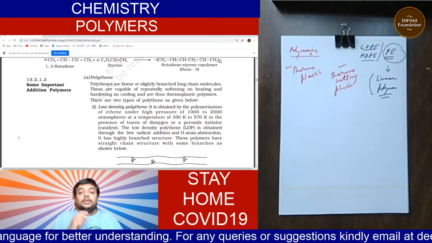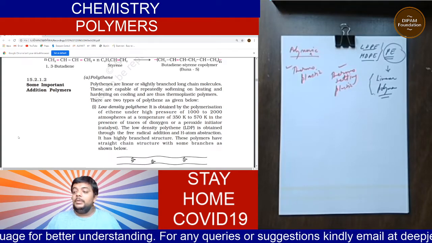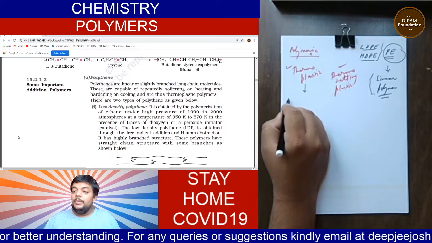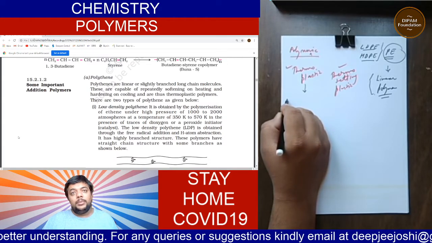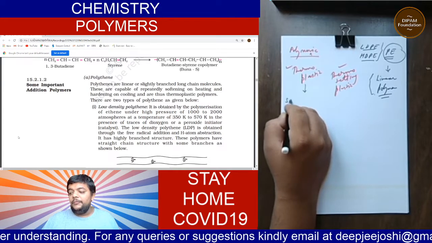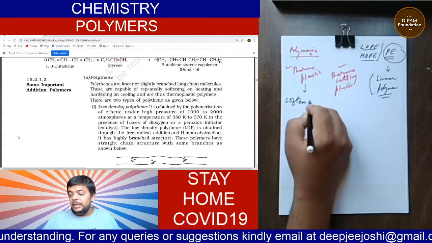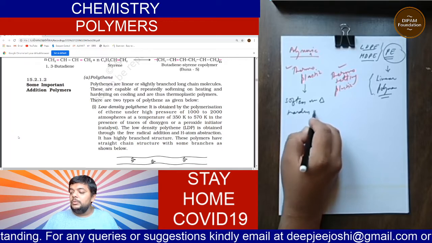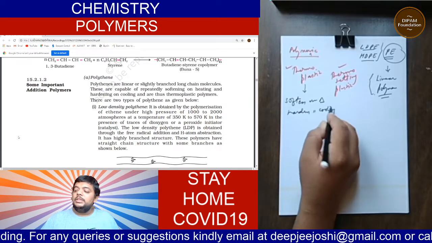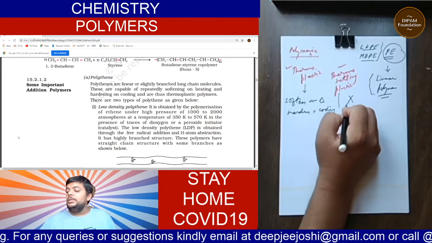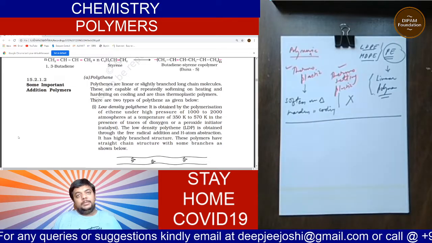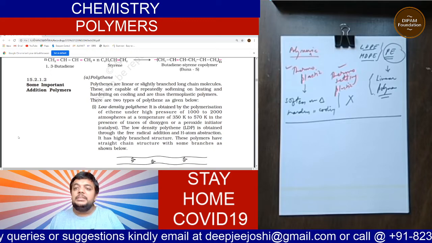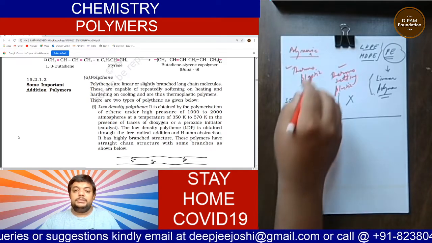Whenever I use the word thermoplastic polymer, these polymers change their property, that is they get softened on heating and again get hardened on cooling. But such a property is not observed in thermosetting plastic. So as this property is observed over here, these polythenes are thermoplastic polymers.